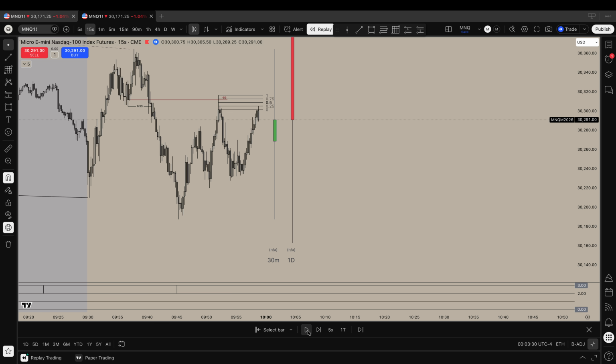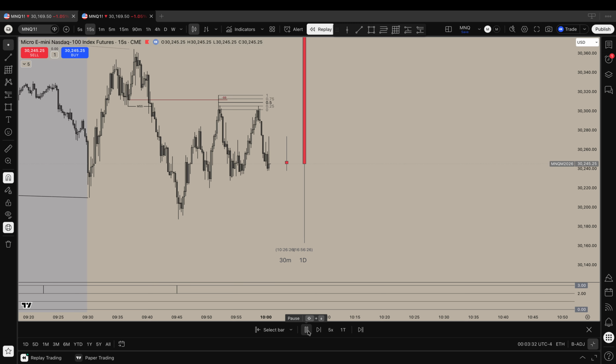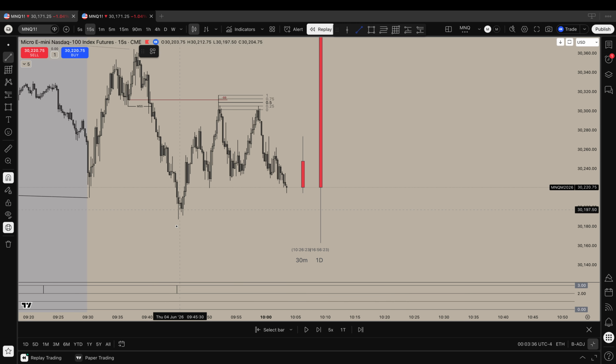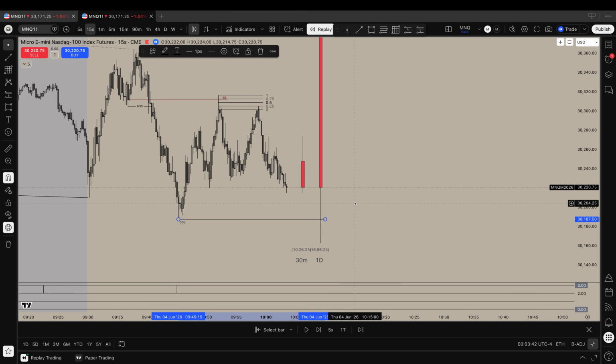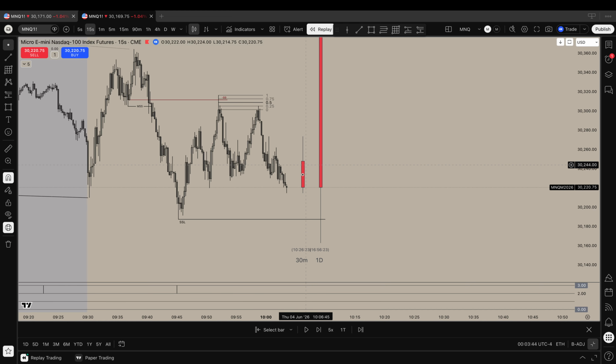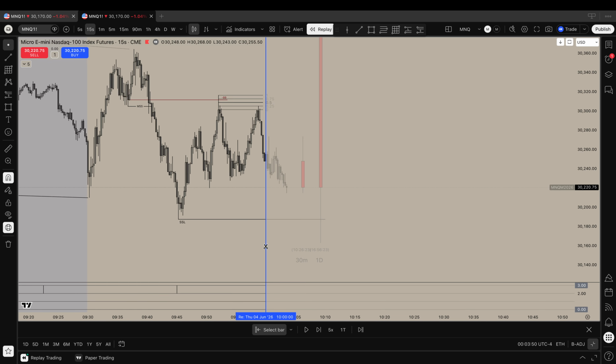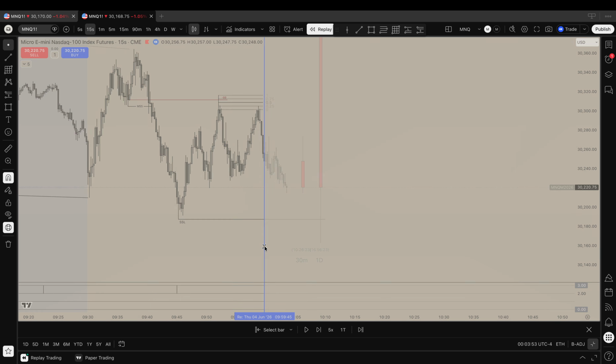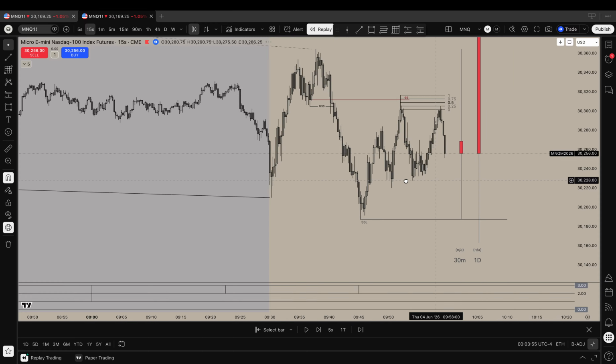because then if you play this out, this goes ahead and just goes straight down to my take profit, which was I wanted this to get taken out as my take profit, just because this 30-minute in my mind was supposed to be bearish. So before 10 it had just turned bearish.